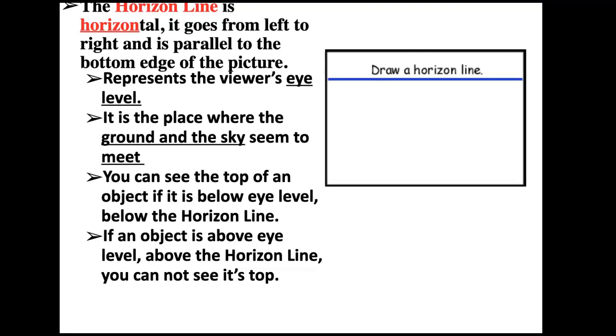Now this is really interesting because there was actually a study done with students who were learning how to draw. They were college students, and they took a box, like a shoe box, and they said, okay, everybody, here's what we're going to draw. We're going to draw this shoe box. And then they put it on top of a cabinet where the students could not possibly see the top of the box, but they drew it anyways.